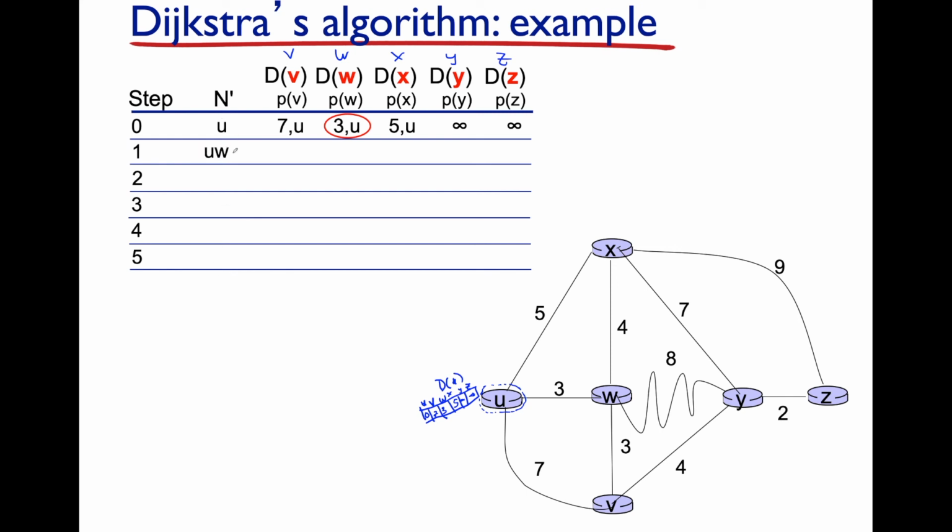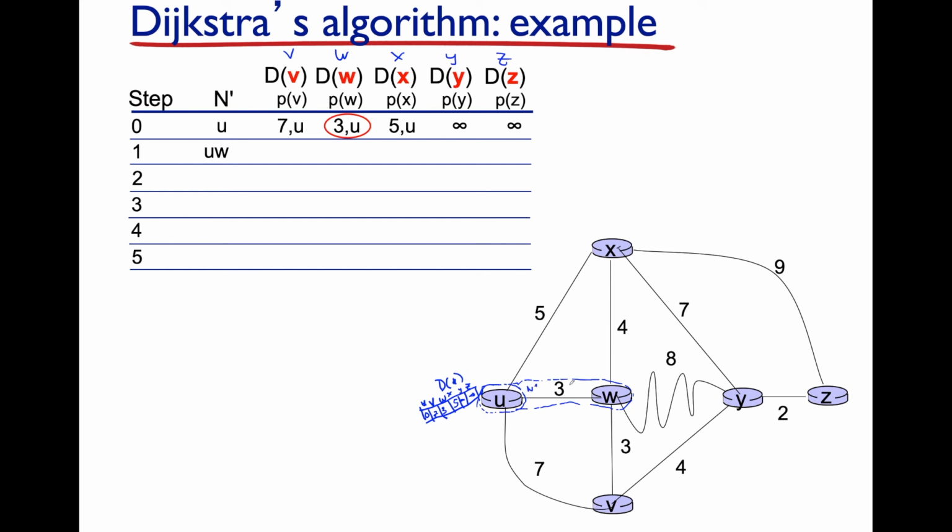Okay, so now I add W to it, and you can imagine this blob grows. So I'm going to draw a dotted line to show that W gets eaten by this terrifying blob. Okay, so that's now my N prime.